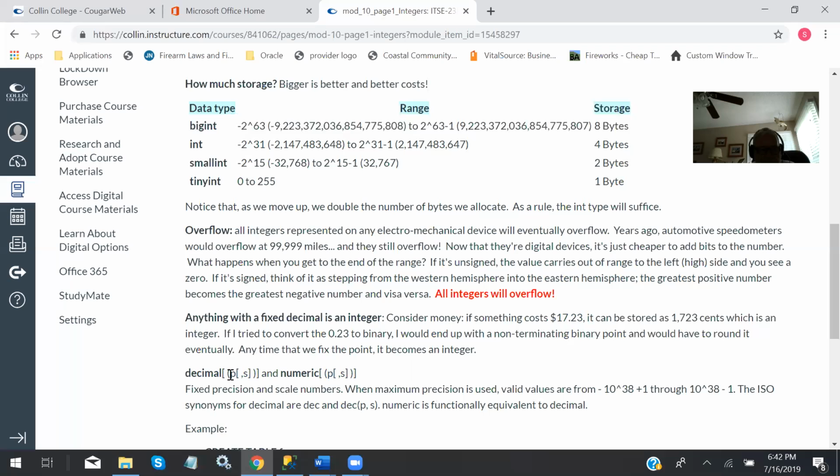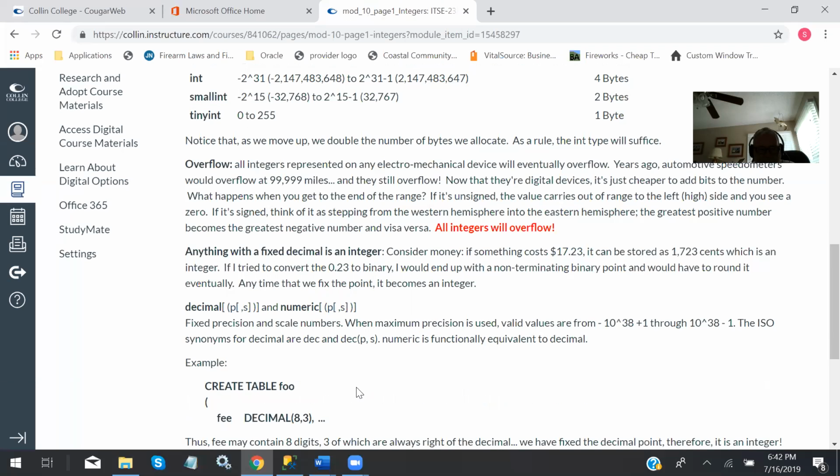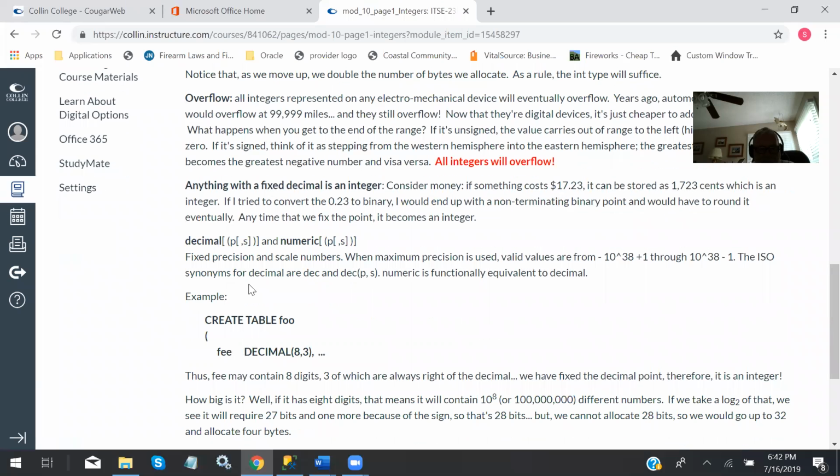Let's see, an example: decimal, number, and the second one is optional. If I say decimal 8, I say I want a number that is big enough to hold a number containing 8 base 10 digits.